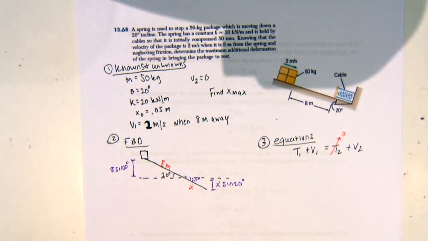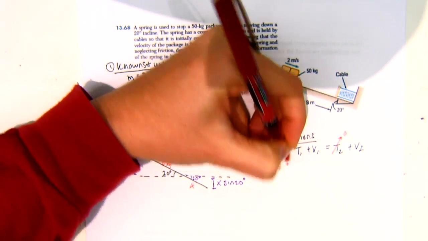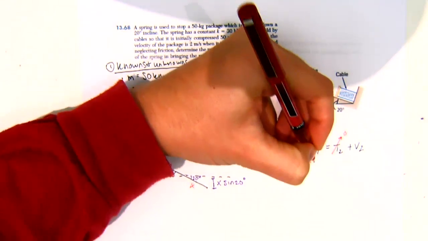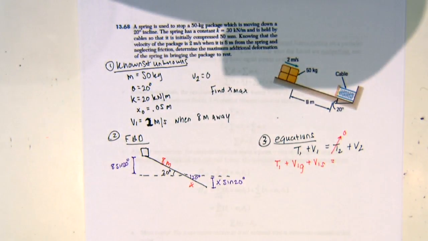So what is our equation for potential energy for a spring? Good. So I can say that I have T1, and then I have V1 due to gravity plus V1 due to the spring, and that's going to equal my V2. So for my second position, what kind of potentials do I have? So we're still going to have spring because that's the new deformation that we're looking for. What else do I have?